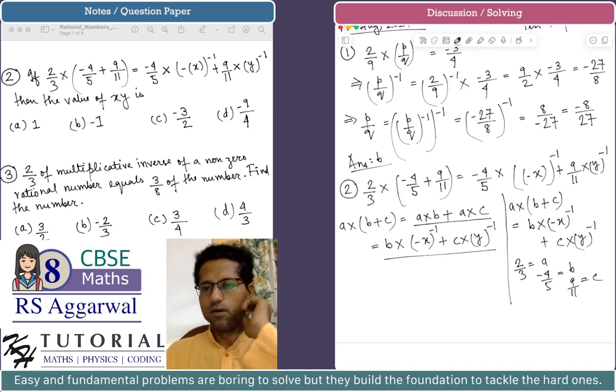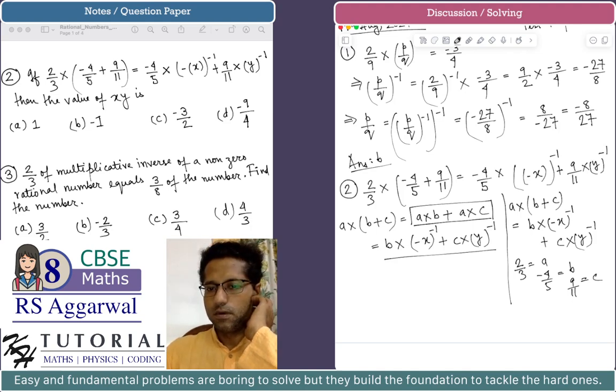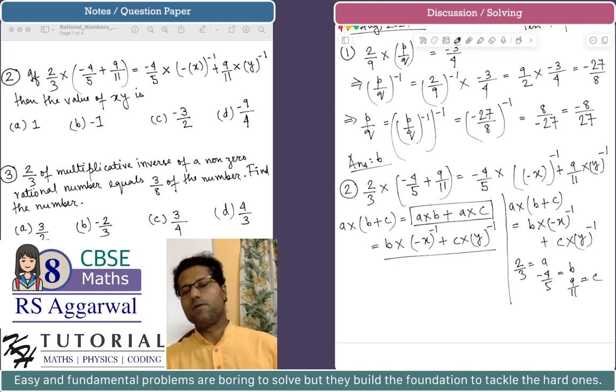Both are additions of two rational numbers, and the first term is a into b, and in this the second term is b into the multiplicative inverse of minus x.